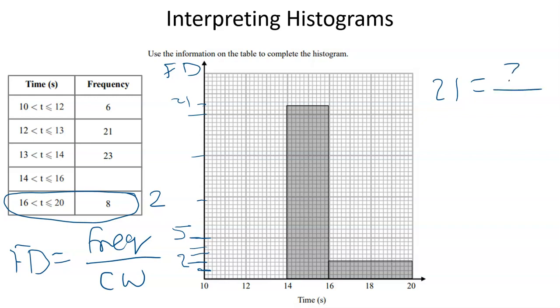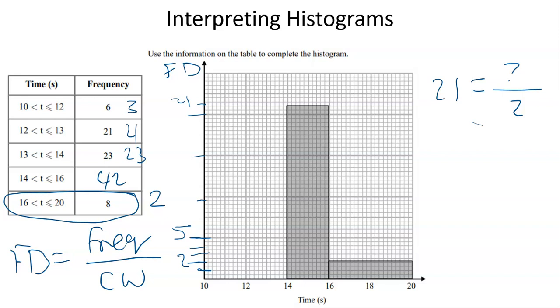Well, 14 to 16 is 2, and if we rearrange that times both sides by 2, then that gives us 42 as our frequency. But we're actually asked to fill in the histogram, so let's work out the frequency density for the other numbers. 6 divided by 2 is 3, 21 divided by 1 is 21, 23 divided by 1 is 23, and those two are already drawn.